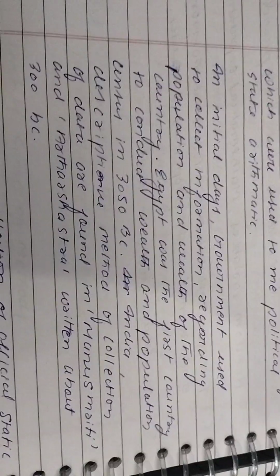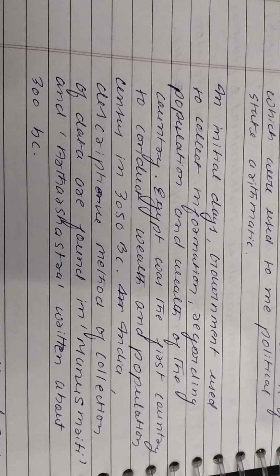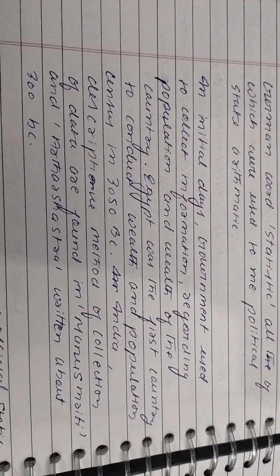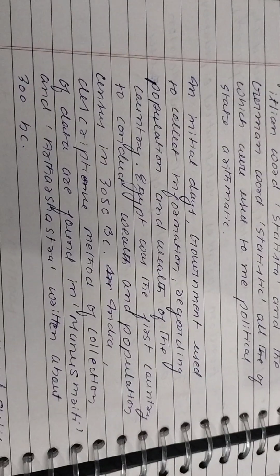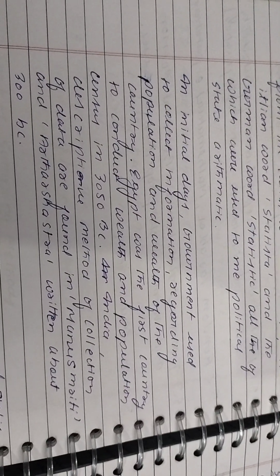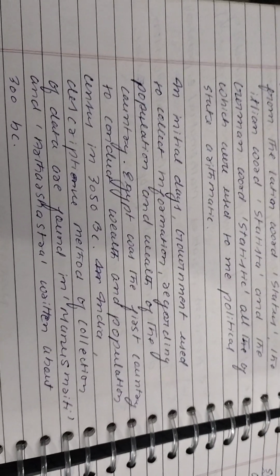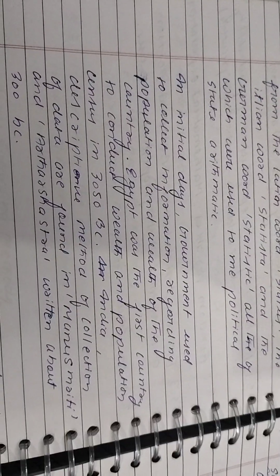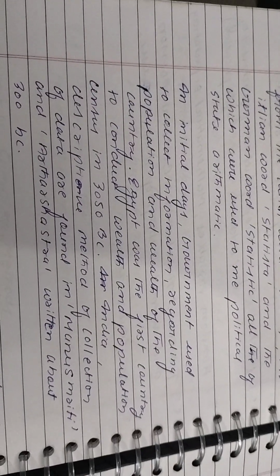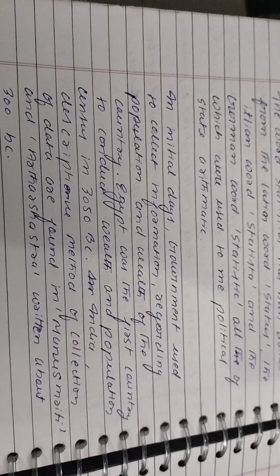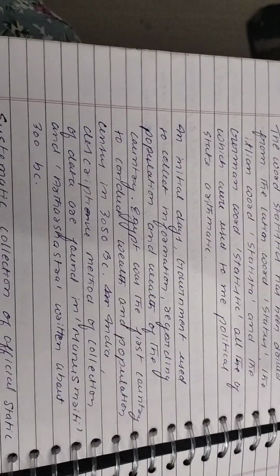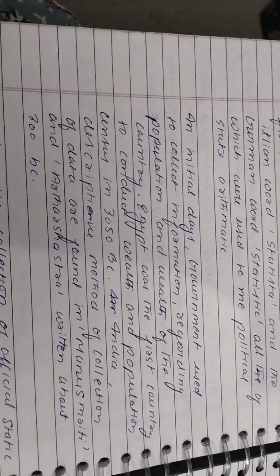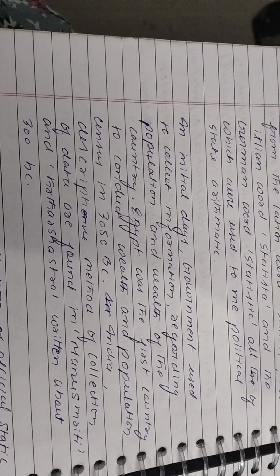Egypt was the first country to conduct a wealth and population census in 3050 BC. India's described methods of collecting data are found in manuscripts and Arthashastra written about 300 BC.